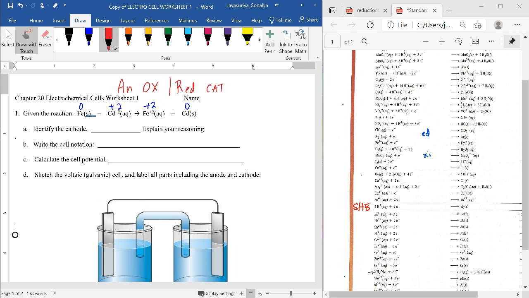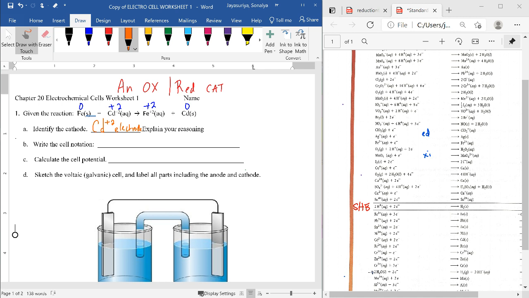Okay. So the oxidation happens at the anode, and the cathode is therefore cadmium. The cadmium 2+ electrode is where reduction happens.